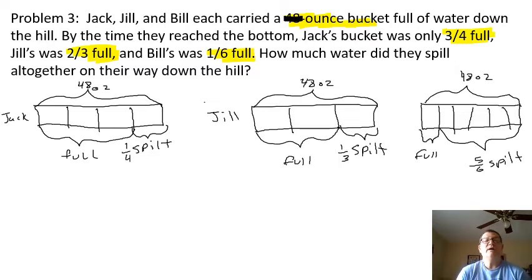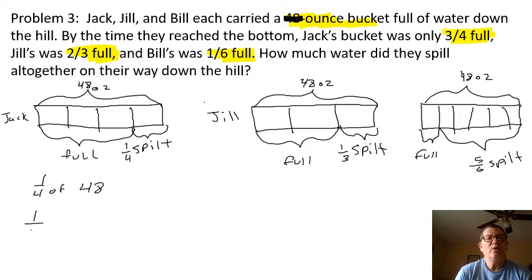So I can see now, let's go back to Jack. He spilled 1/4 of the bucket. So 1/4 of 48 ounces. And remember when we were talking about that actually means multiplication.